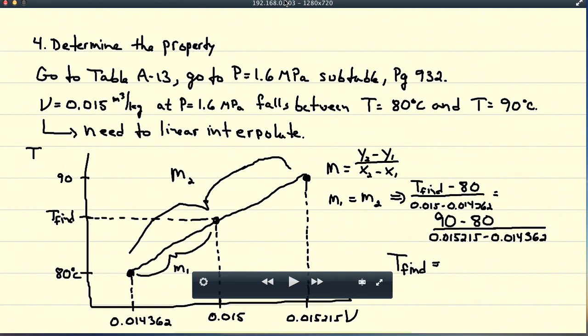So we have 10 divided by 0.015215 minus 0.014362, and then that's times 0.015 minus 0.014362, and then plus 80 gives us a temperature of 87.5 degrees Celsius.